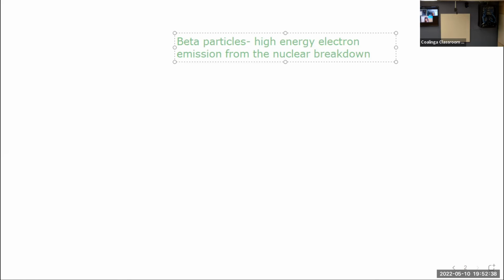In this case, we're going to be emitting an electron. So when we talk about beta particles, the way that they're written is they're going to be electrons. So it's going to be symbol E. You're going to have a negative value because electrons are negatively charged, and it's going to be 0 because it doesn't affect the mass.